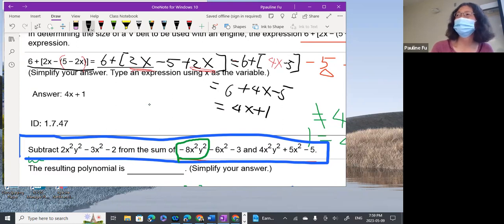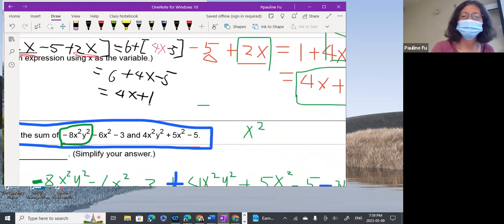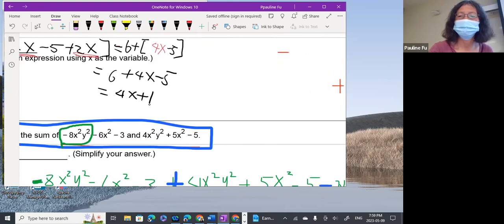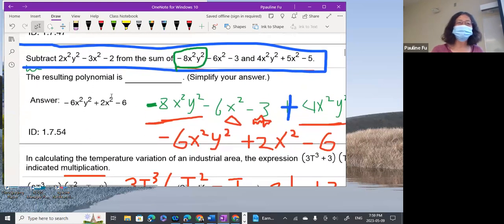Shall we move on to the next question? Question 2. Subtract this one from the sum of two polynomials.